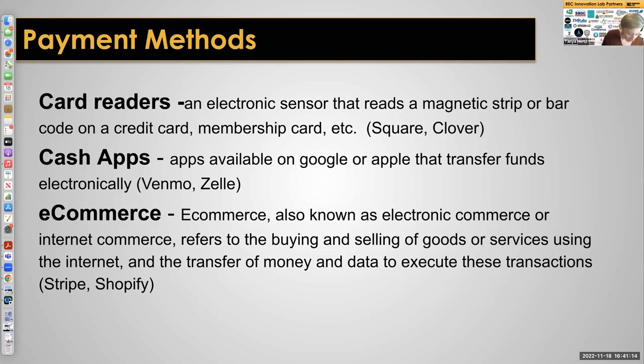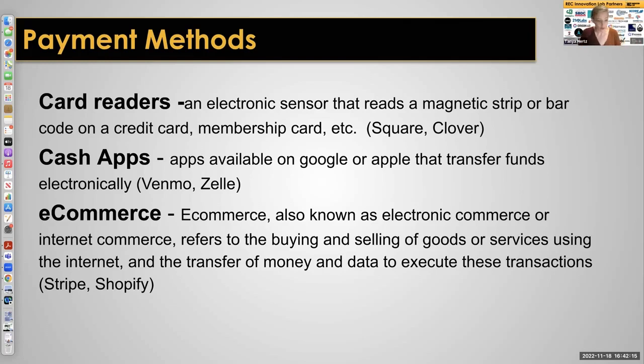You also can accept payment either through your website or through a third party intermediary website, depending on the kind of license that you have, like Shopify or Etsy, for example. You can also use these different e-commerce sites to set up e-commerce on your own website. So Shopify, Stripe, all of these are e-commerce sites. E-commerce is electronic commerce or internet commerce.